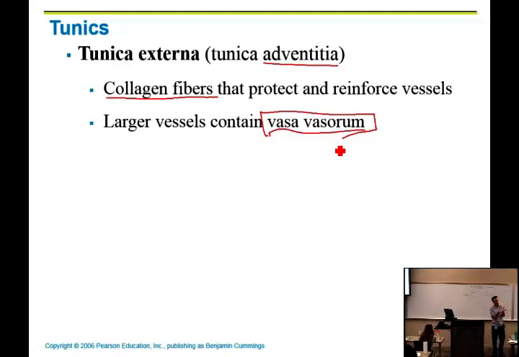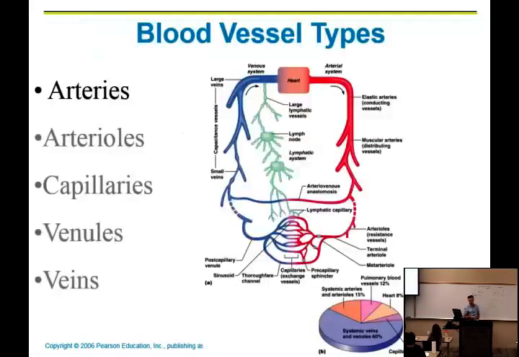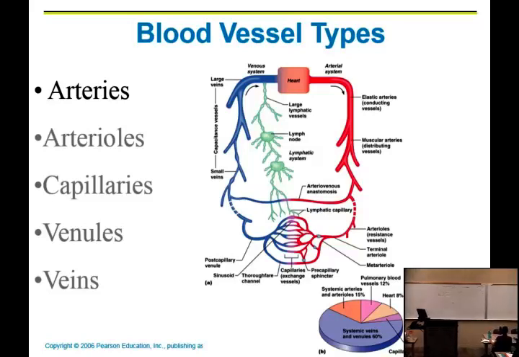It's a smaller blood vessel network supplying these larger blood vessels themselves. So again, not critical for the exam or anything like that, but it's interesting when we're talking about the needs of these different organs that some of these blood vessels are big enough that they have to have their own blood supply. Okay. So that's the big picture for the vascular component.